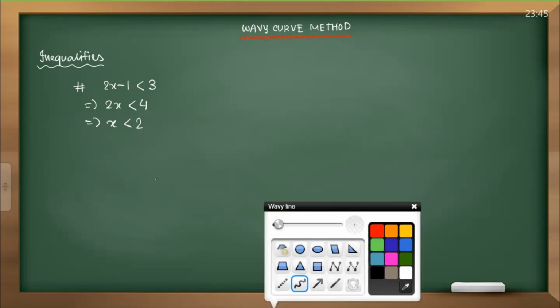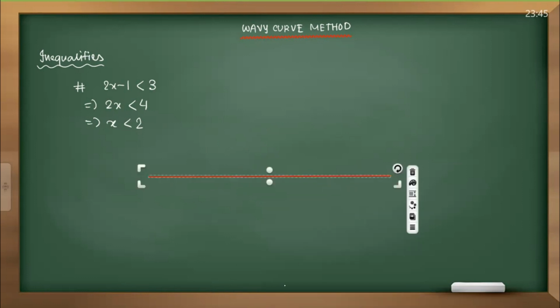If we take the number line and this is 2, then there will be a hollow circle and we will continue till there. So this is how we represent it on the number line. We've done these problems many times indeed.